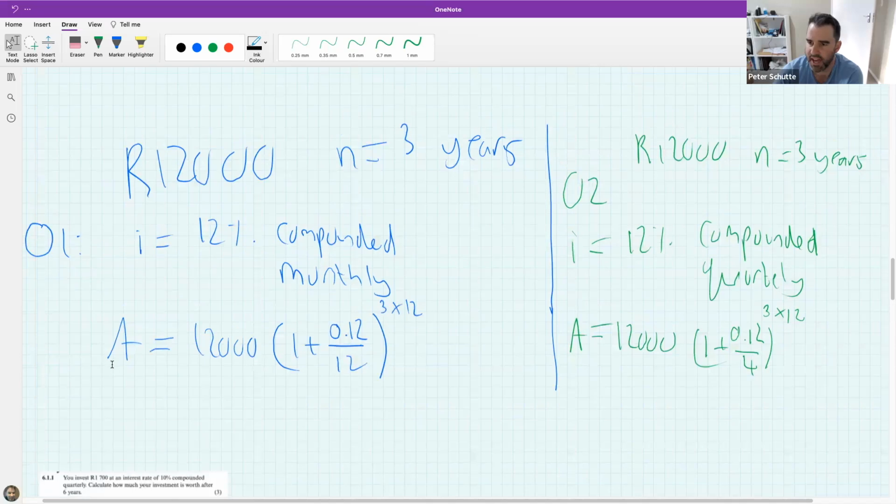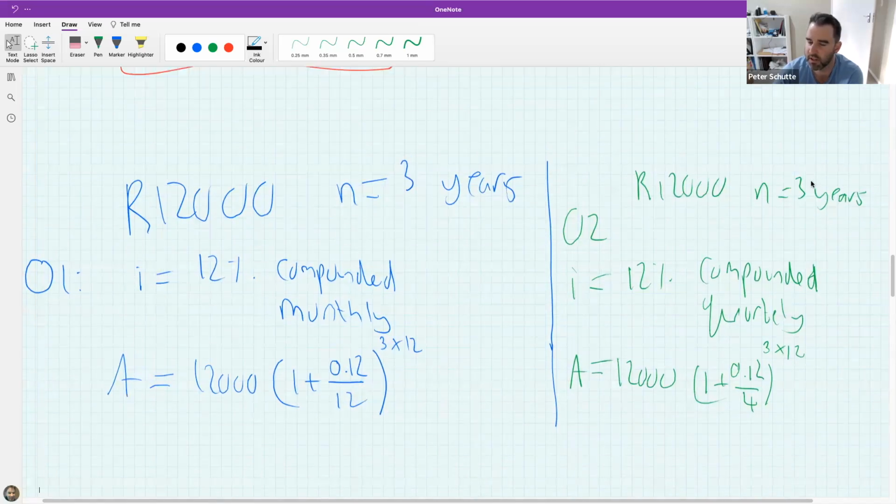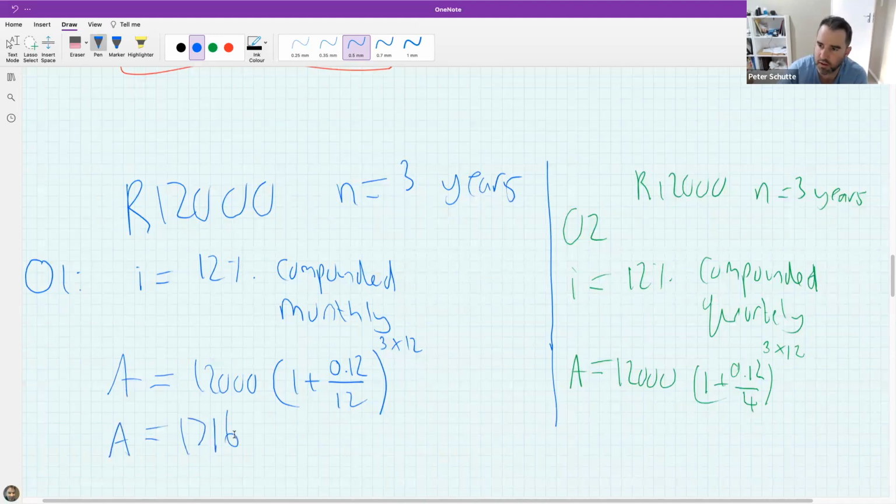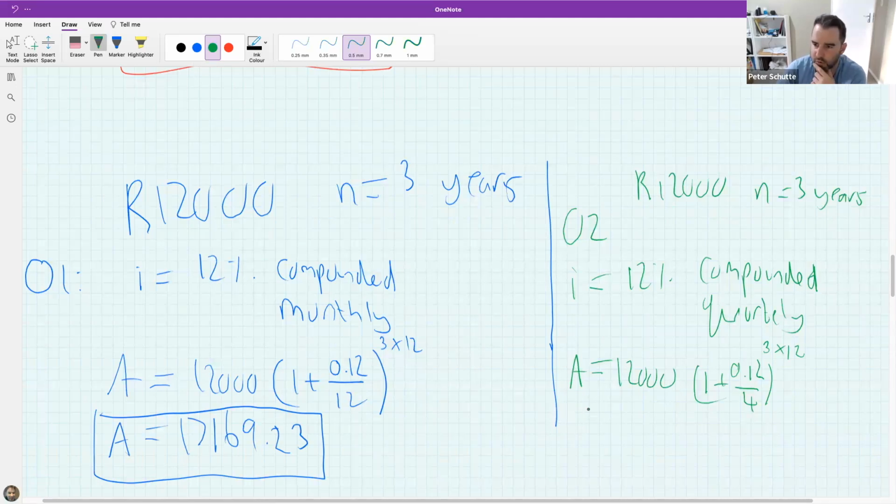For A, it seems like we are getting 17,169.23. What about for option two?